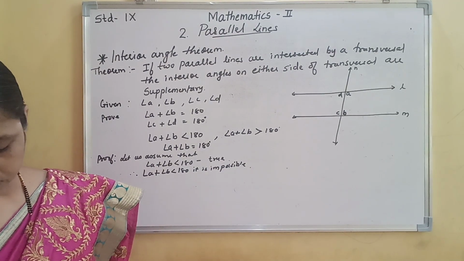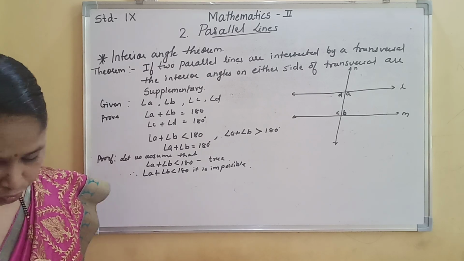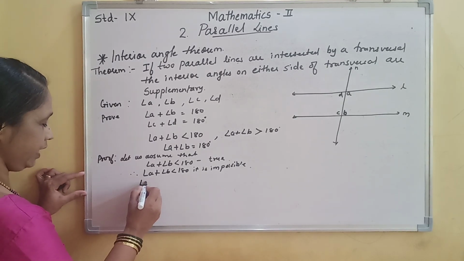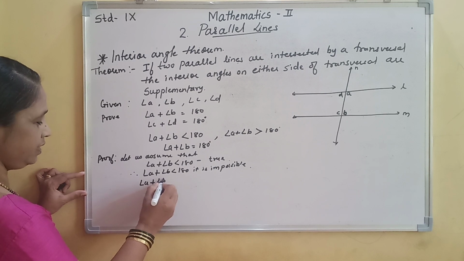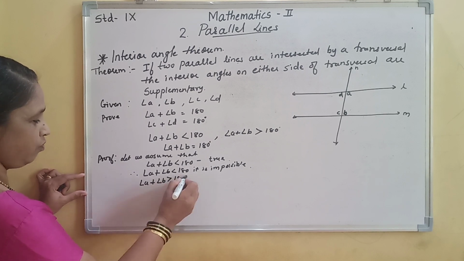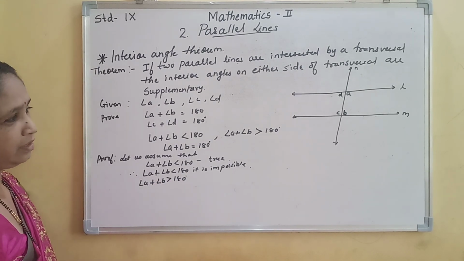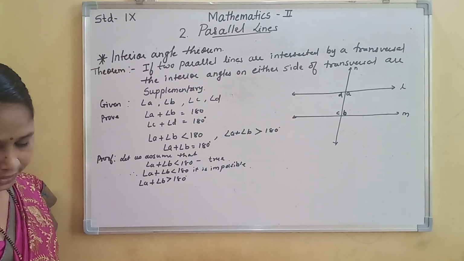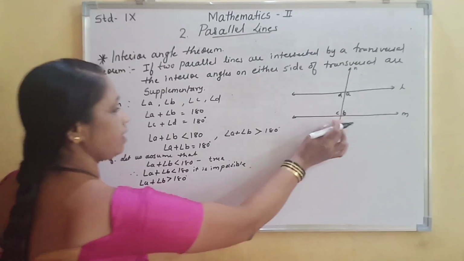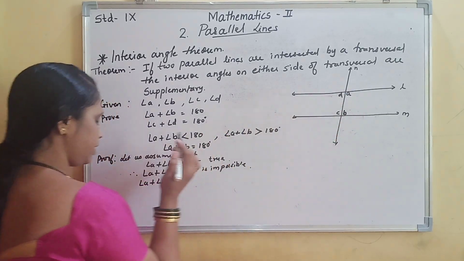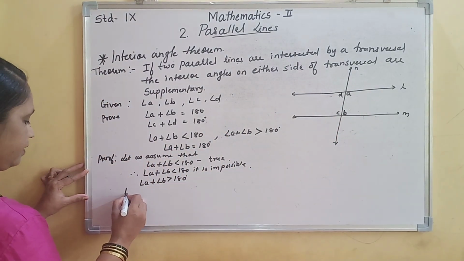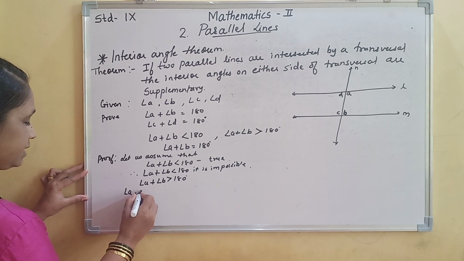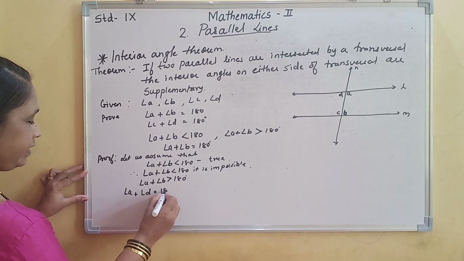Now next, let us assume that angle A plus angle B is greater than 180 degrees. Okay. Now if it is greater than 180 degrees, then what do we have? Angle C, these are linear pairs. So we will write, let angle A plus angle D be equal to 180 degrees.